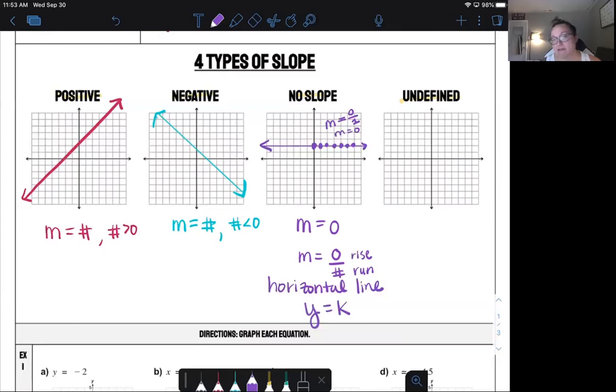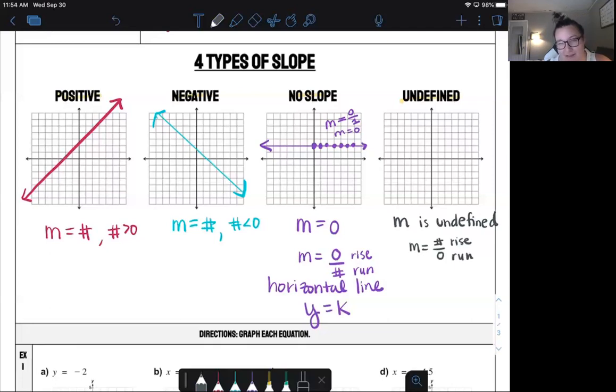Let's talk about undefined slope before we move on. Undefined slope happens when you have a rise, but you don't have a run. So if your slope is undefined, you just say m is undefined. And this happens if you have m equals a number divided by 0, which means that you have a rise, but you don't have a run.